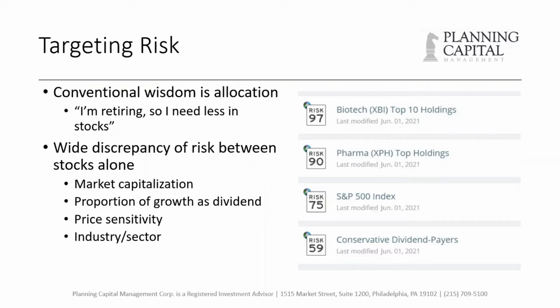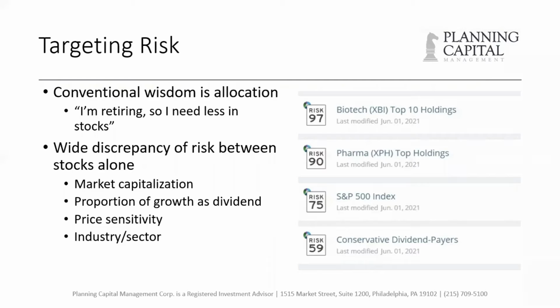At the very bottom of the list, you see conservative dividend payers. This is 15 dividend paying stocks, and the risk number there is a 59, with the S&P coming somewhere in the middle at a 75. The point is that both are 100% in stocks, but there's a vast difference, 40 points on the risk scale, in overall risk.